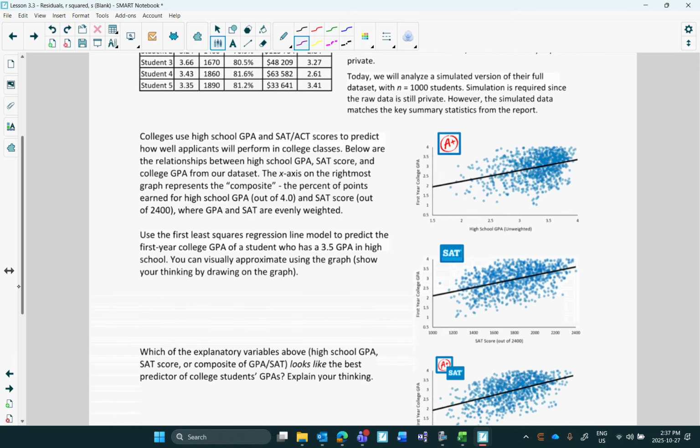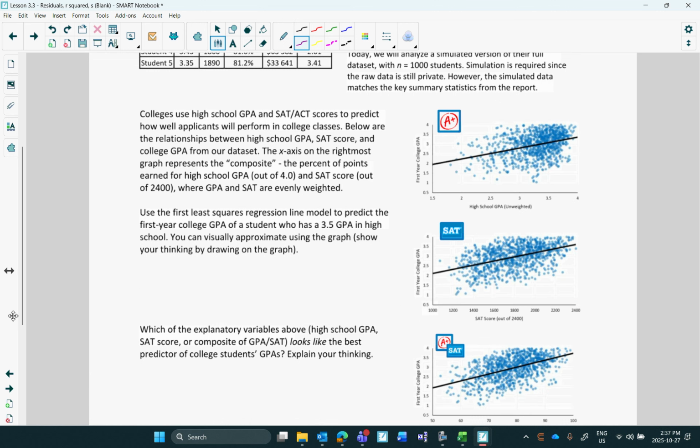So they tried three different things, and here are the scatter plots. First, the relationship between how a student did in high school on a scale from 1 to 4 versus how they did in college on a scale of 1 to 4.